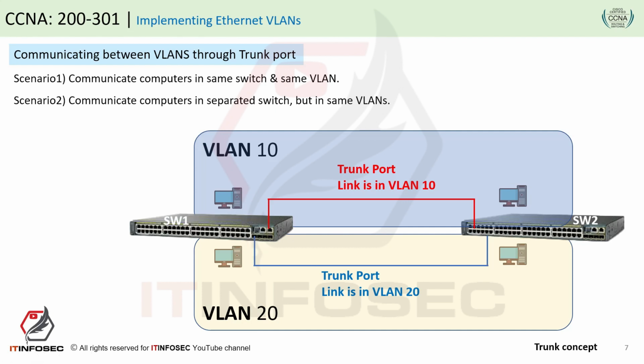Now a question: do we need to allocate a separate physical trunk port for each VLAN created on the switches? It is not like that at all. This picture only conveys a concept, and the existence of only one trunk port between two switches will be enough to pass the data traffic of all VLANs that are created.